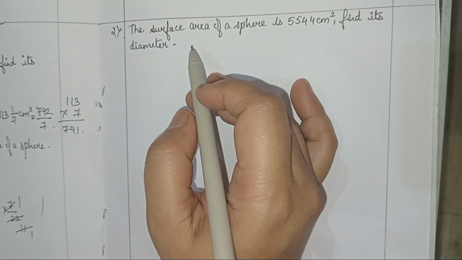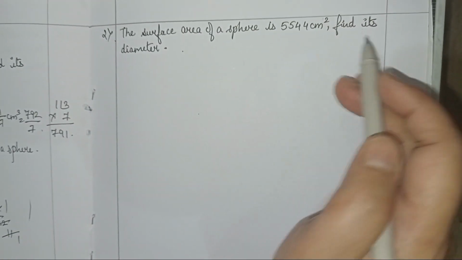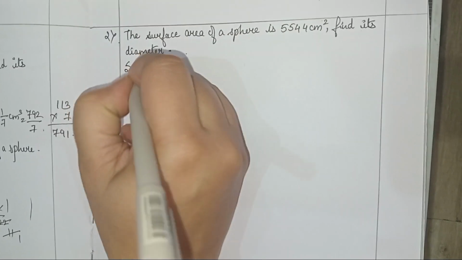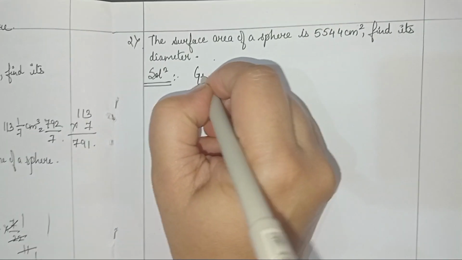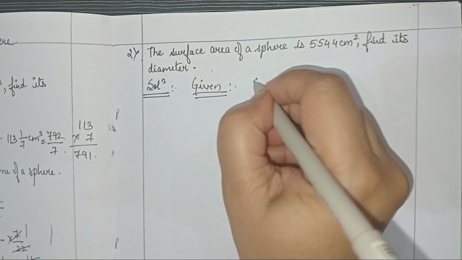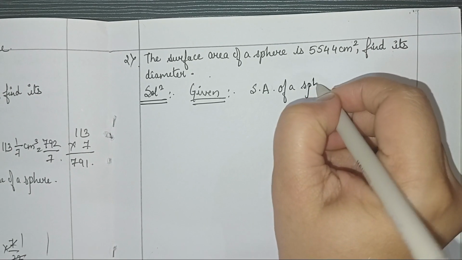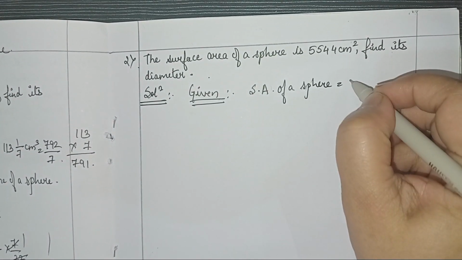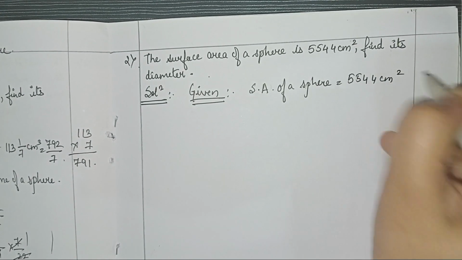Coming on to the second sum, the surface area of a sphere is 5544 centimeter square. Find its diameter. Solution for it. What is given? Surface area of a sphere is equal to 5544 centimeter square.